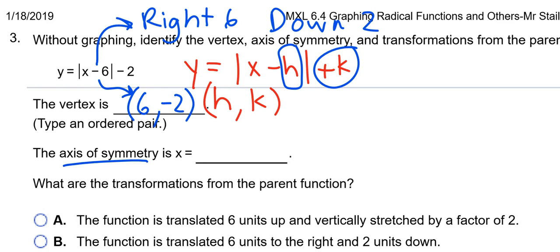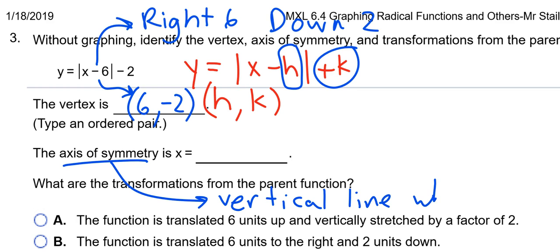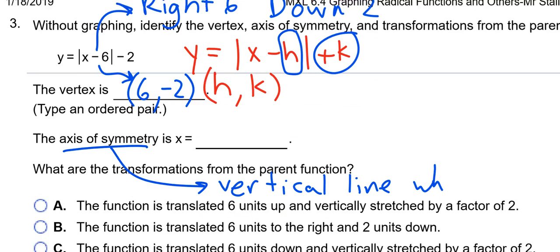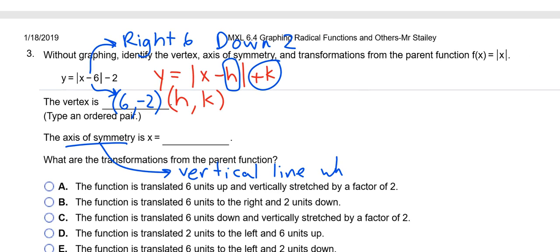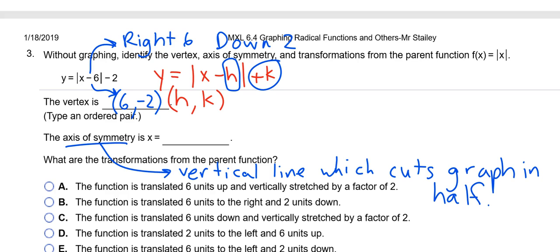Now, the axis of symmetry is the vertical line which cuts the graph in half. We know that vertical lines are always of the form x equals some number.